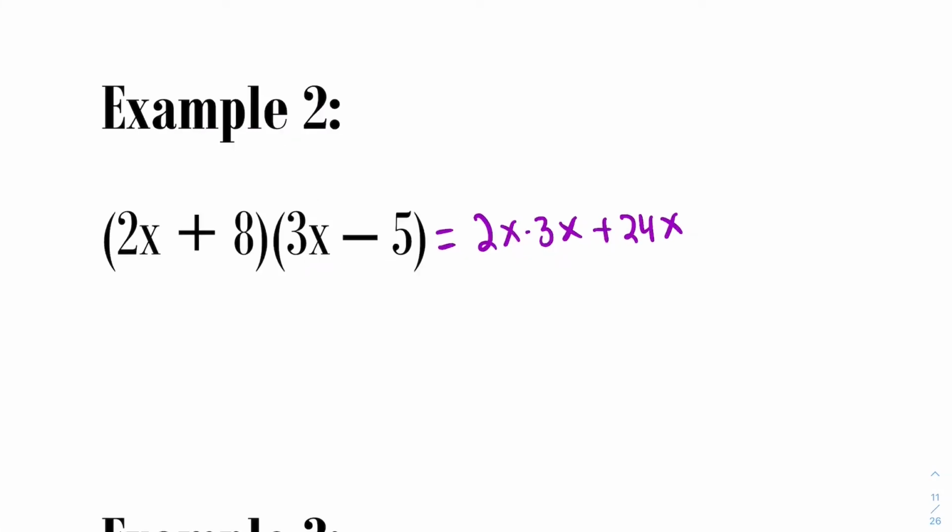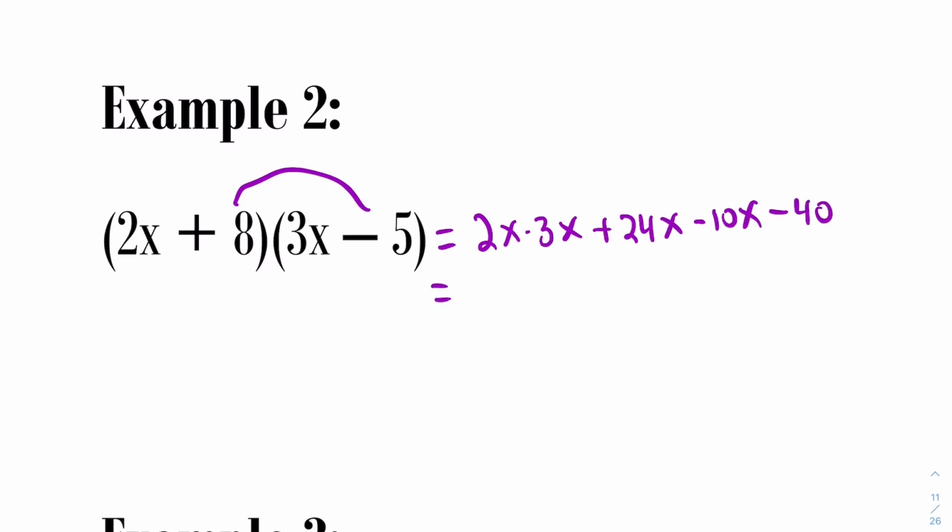Remember, the goal is to have everything multiply everything. So the next part of that is 2x times the negative 5. I'm going to go ahead and combine the 2 times 5 to make negative 10. Then we need to do 8 times the negative 5 to make a negative 40.